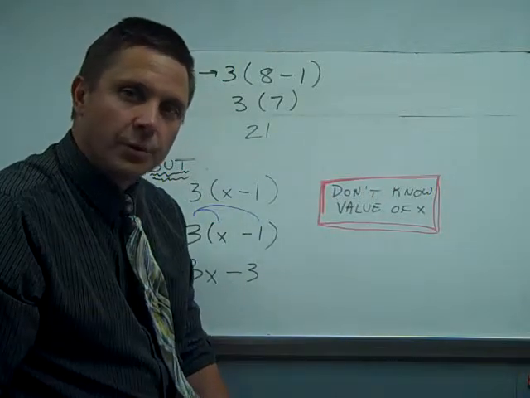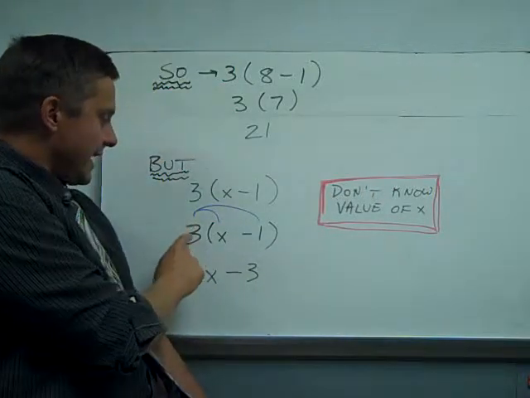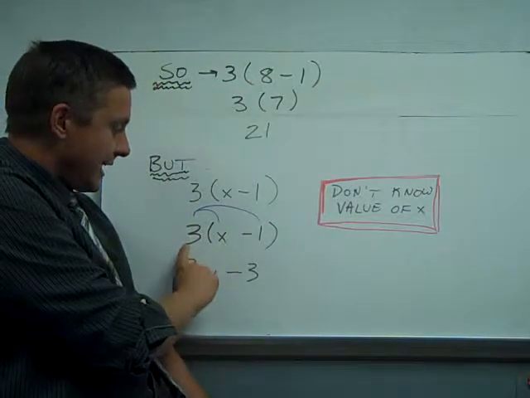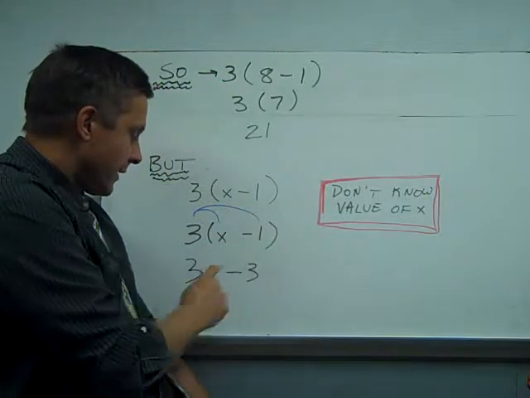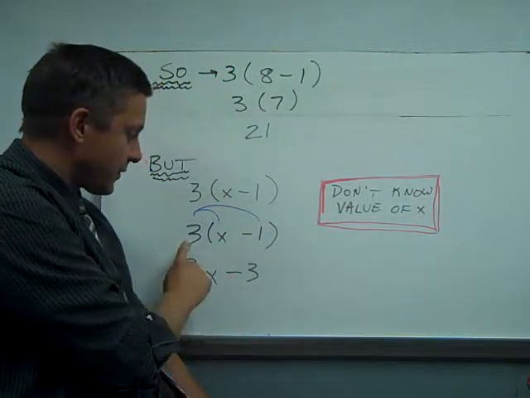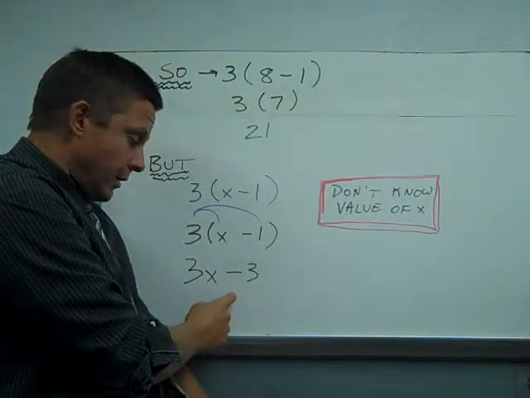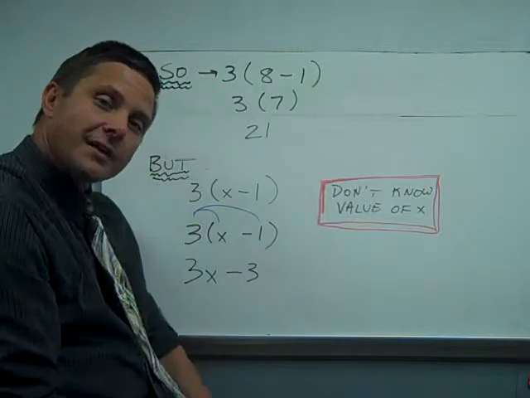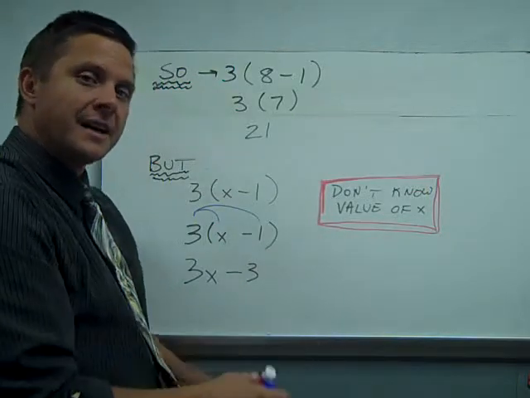This is where distributing is really powerful, because I can take that 3 and multiply it to the x, and I can take 3 times the negative 1 and get from 2 terms inside the parentheses to 2 terms. 3 times x is 3x, plus 3 times negative 1 is negative 3, or 3x minus 3.